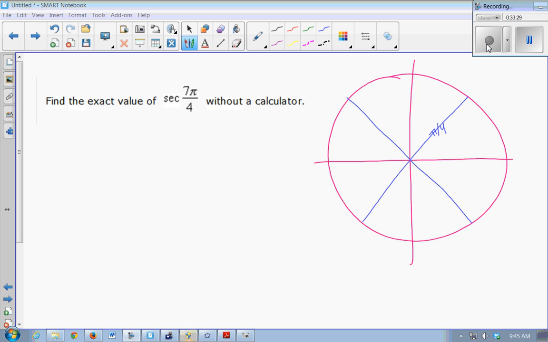And I've drawn it so that I can just count pi over 4. So this is 1 pi over 4, 2 pi over 4, which is the same thing as pi over 2, 3 pi over 4, 4 pi over 4, which is the same thing as pi, 5 pi over 4, 6 pi over 4, which would reduce to 3 pi over 2, 7 pi over 4. Right here. Okay, what are the coordinates of that point?